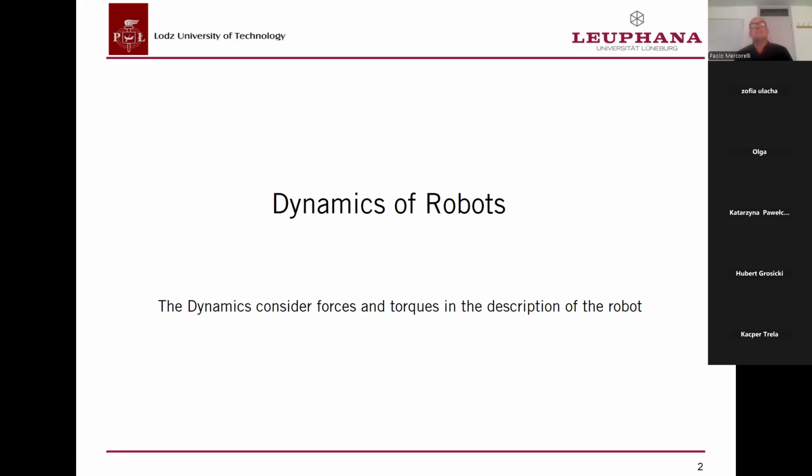You know, and you have also seen in the description of mechanisms and robots, that in system theory we don't distinguish between mechanisms and robots, because for us it's a system.